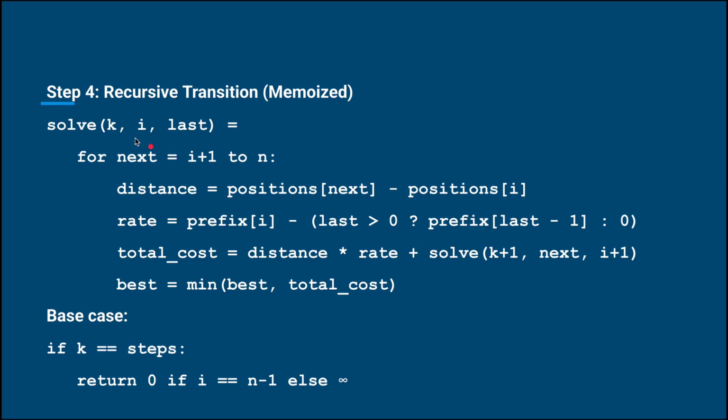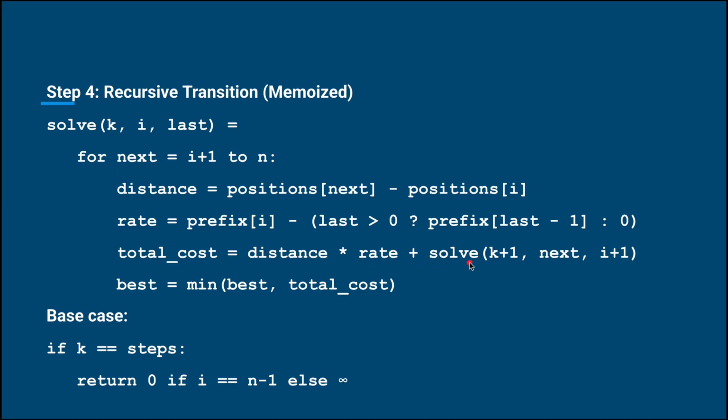Then we'll go for the recursive transition with memoized state, where we'll solve this method. We'll create the method and pass k, I, and last. For next, we'll take I plus 1 to n. We'll find the distance, position at next minus position at I. You will get the rate, the prefix at I minus the prefix at last minus 1 if last is greater than 0, or 0. Now you have to multiply the distance and rate and add.